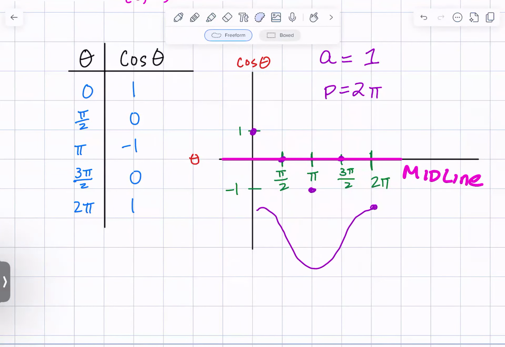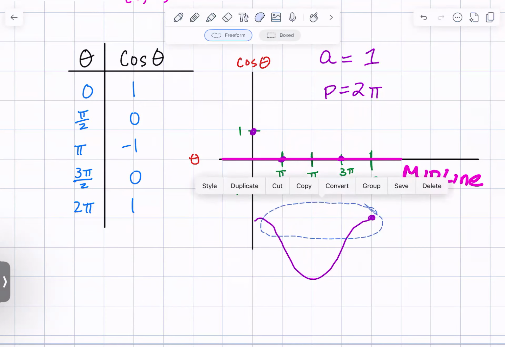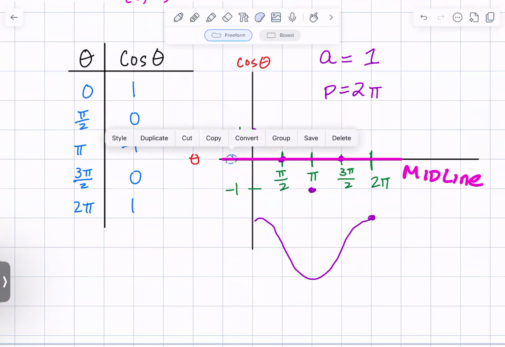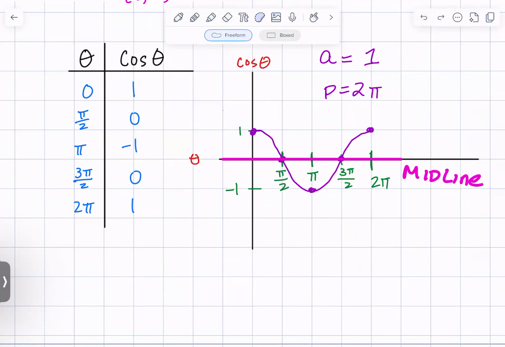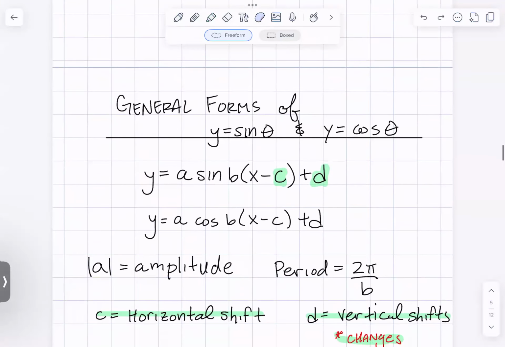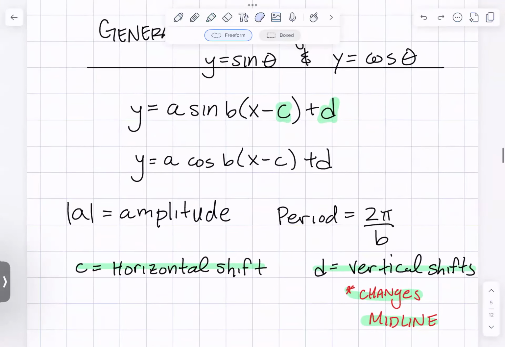So if I move this down to, let's say, here, it would actually move that midline down. You can see that it goes down too, right? So it would actually shift my midline as well. So that's what changes the midline.